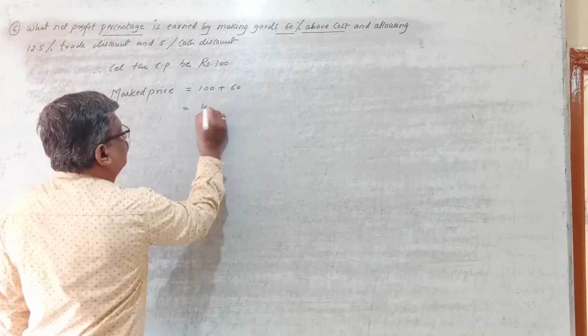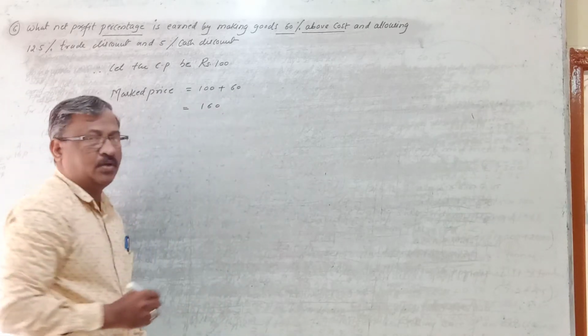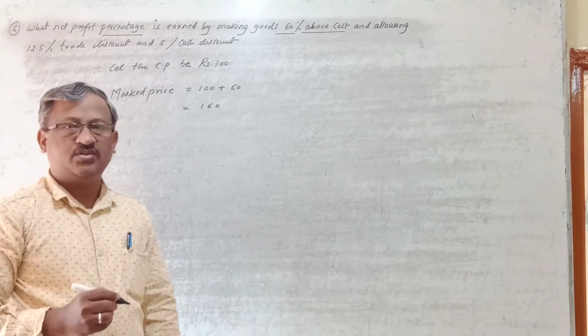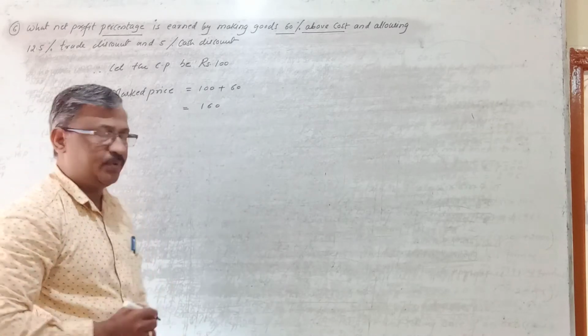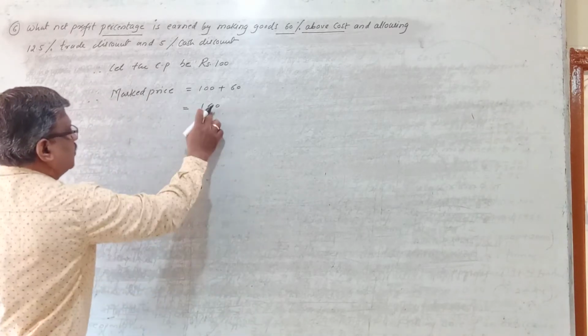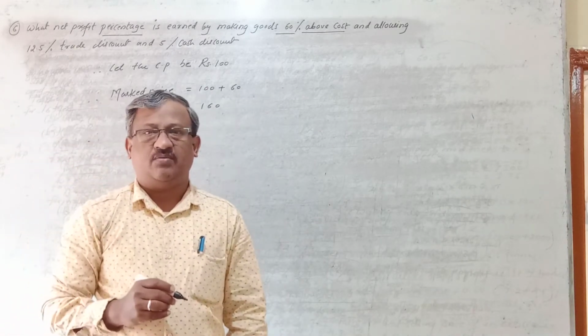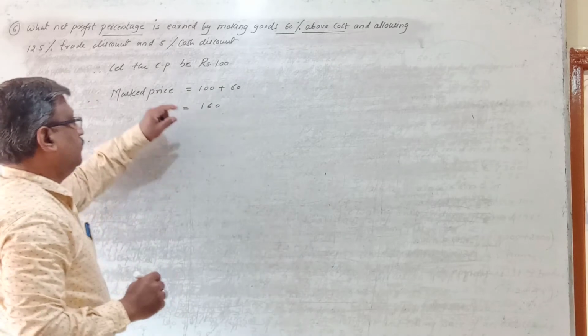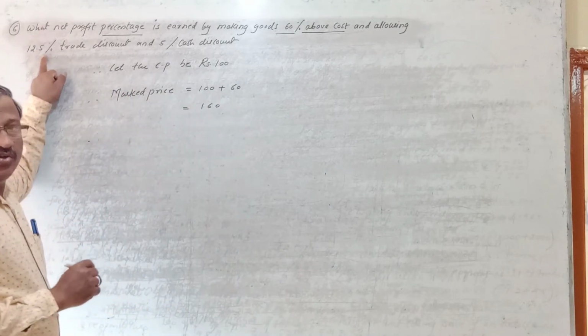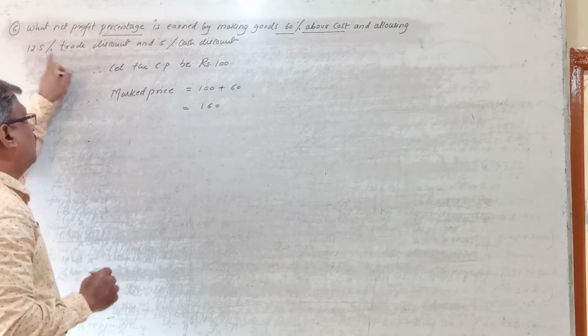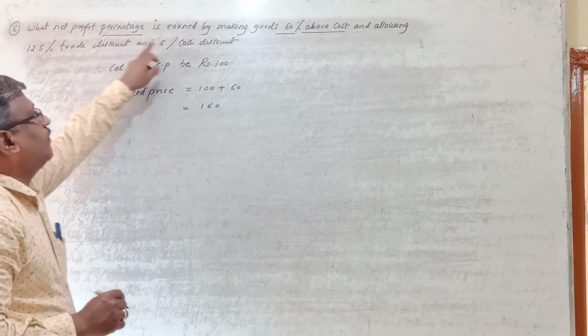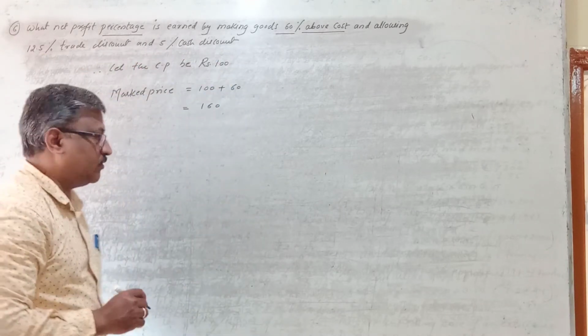So it comes to 160. Means that merchant has marked his goods for sale at 160 rupees. And on this mark price, he is giving the discount. So how much discount has he given? He is giving 12.5%, right? 12.5% trade discount and 5% cash discount.